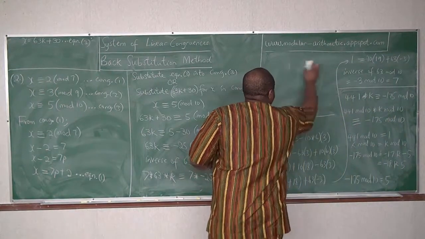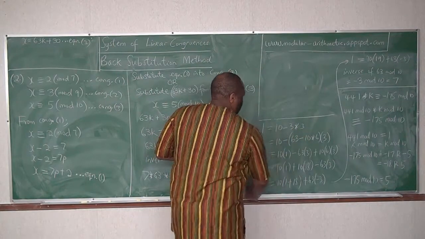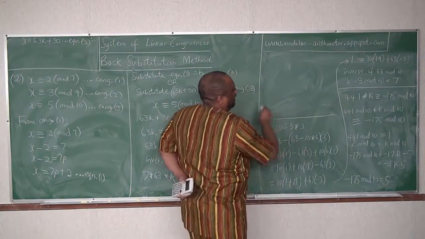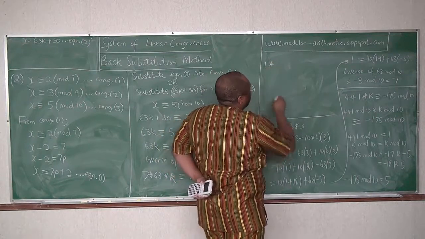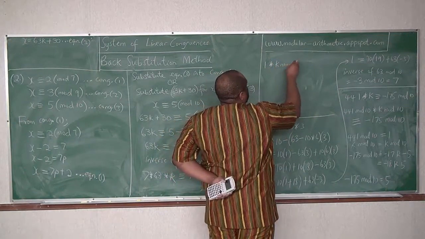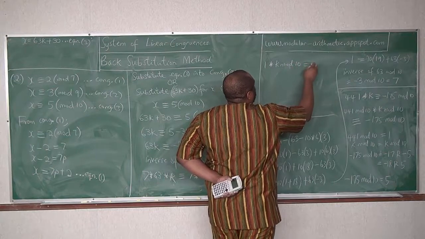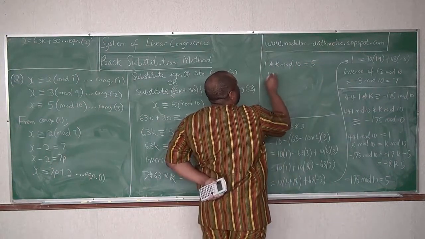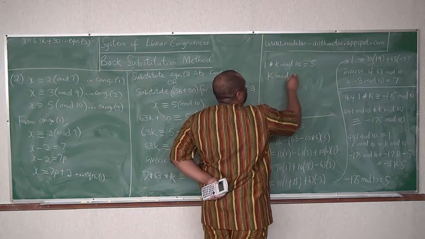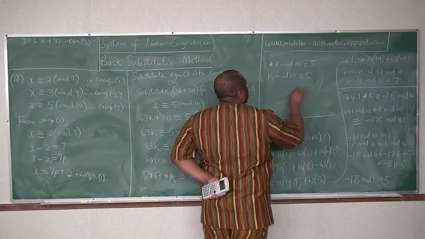So we now have that, from there, 1 times k mod 10 is equal to 5. So k mod 10 is 5. So k is 5.